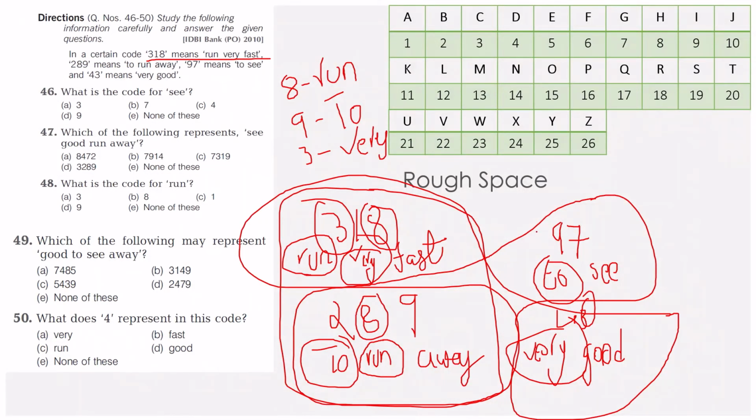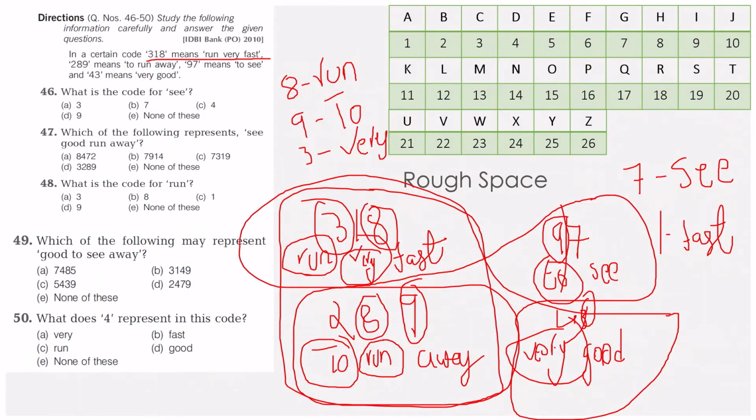Let's check if there are any other possibilities we may get. In here, 9 and 2 are eliminated. So obviously we can get 7 equal to C because 9 is already occupying 2. And 1 is left over for fast. So 1 is for fast.